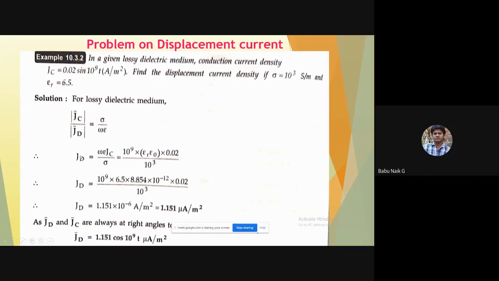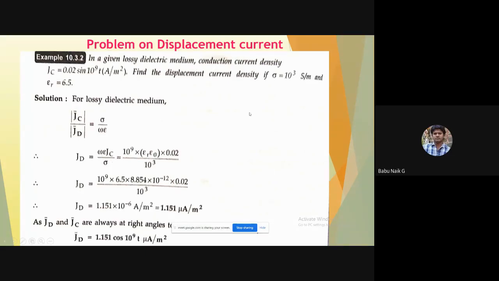Now we need to calculate the displacement current. You can take the displacement current density from this equation: Jd is equal to omega epsilon Jc by sigma.